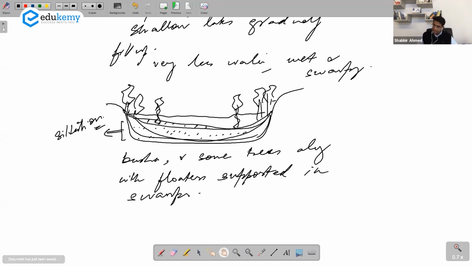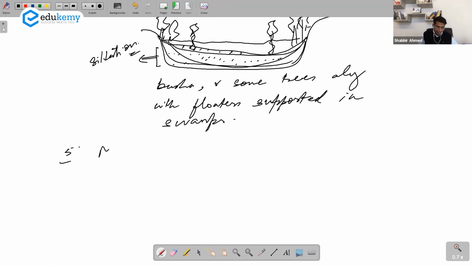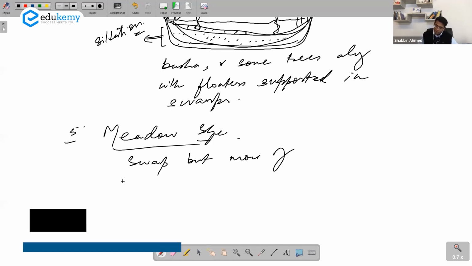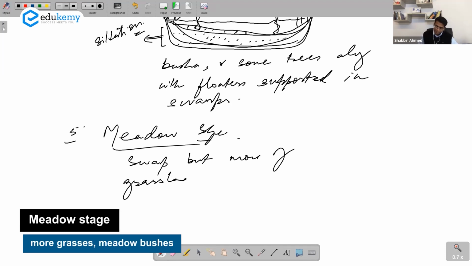The next stage is the meadow stage. This is also a swamp, but more of grasses and meadow bushes. The lake has almost filled up.